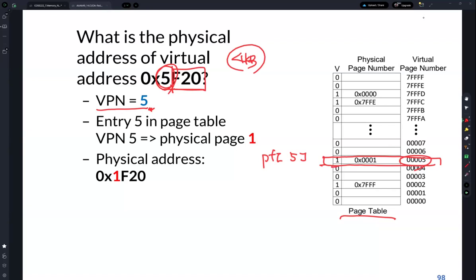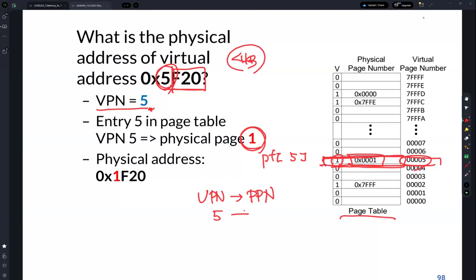So if we read this data, we can find that the valid bit is 1. Which means that the target page exists in DRAM, main memory, right? And then what is the physical page number? The physical page number is 1. So the VPN is just translated into the physical page number.